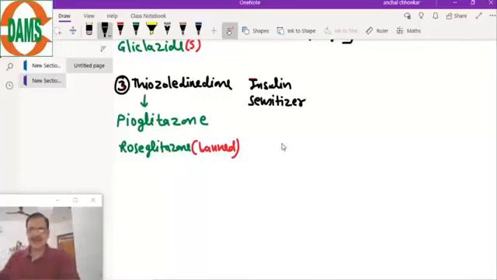That is by affecting the PPAR gamma nuclear receptor.